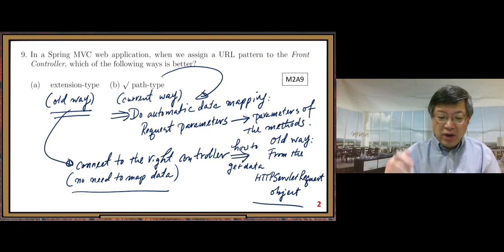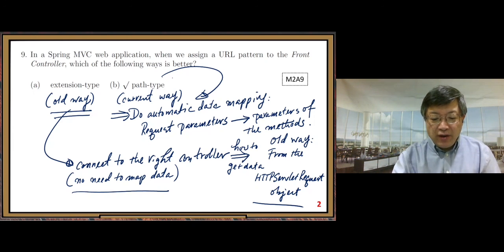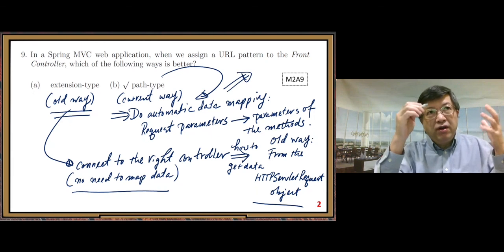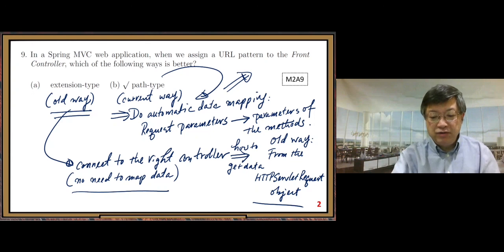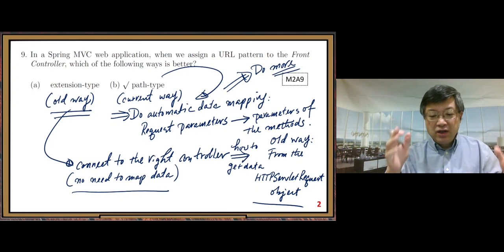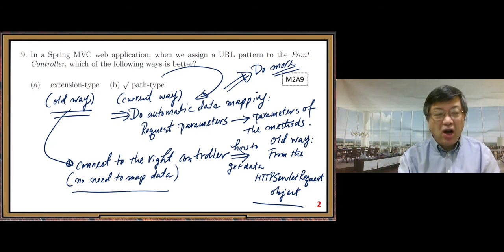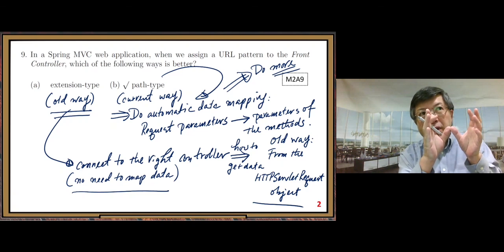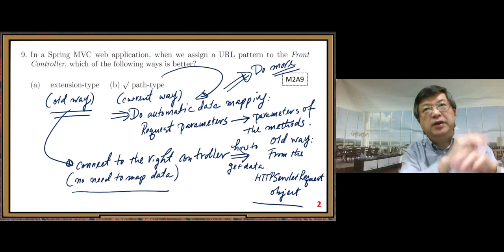But later, when this method further evolves, it can do more. What do I mean by do more? Not just the data copy; actually there are many different ways to do data copy. It can describe some pattern of the data.